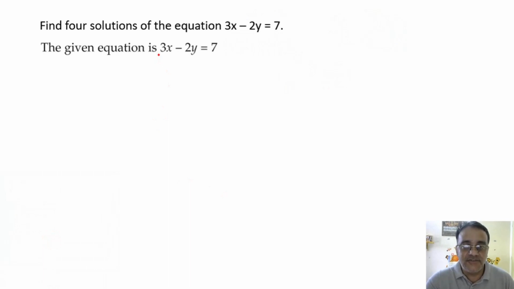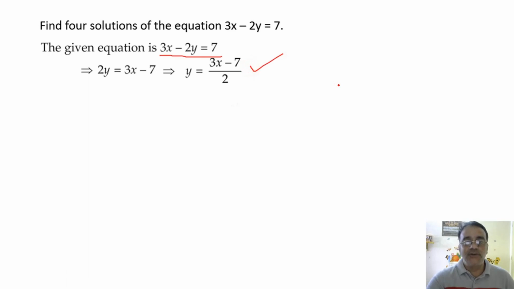The given equation is 3x minus 2y equal to 7, so y is equal to 3x minus 7 by 2. So we'll substitute one value. Substitute a value here so that the numerator will be divisible by 2. Any one value.